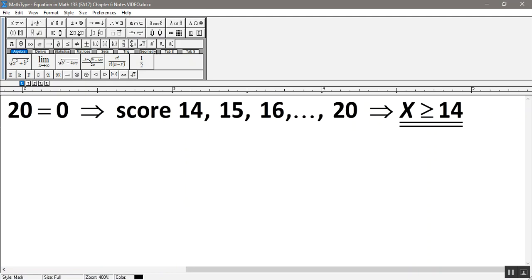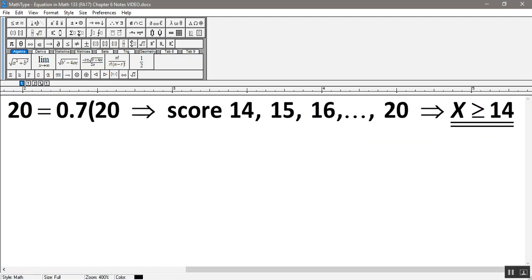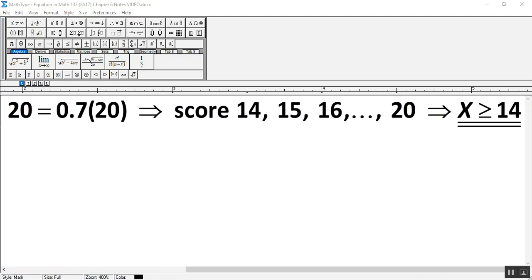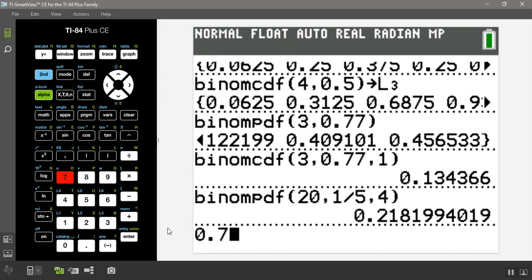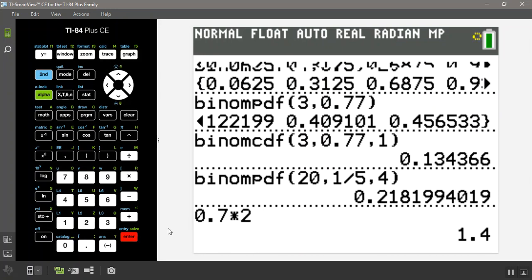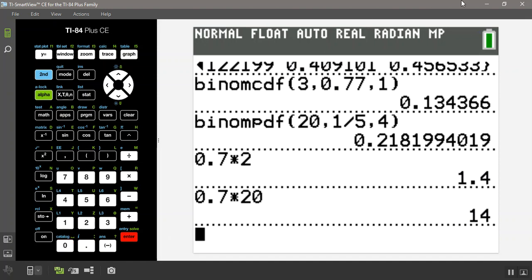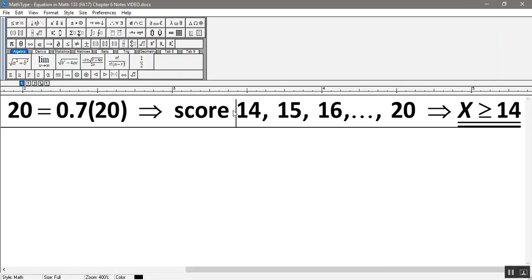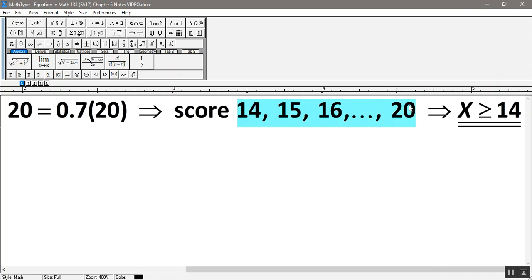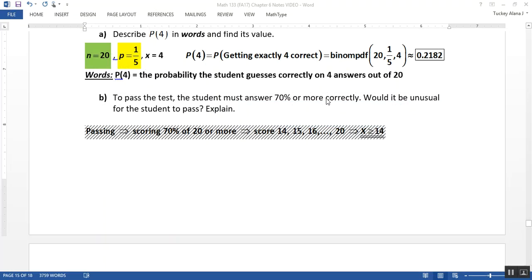So this is 0.7 times 20. That's what of means in mathematics. So if I go 0.7 times 20, there we go, I get 14. So I know that I want to have a score of 14 or higher. So x is greater than or equal to 14.